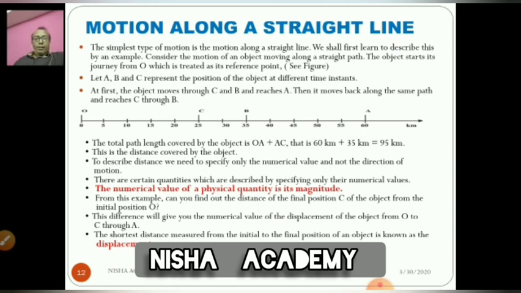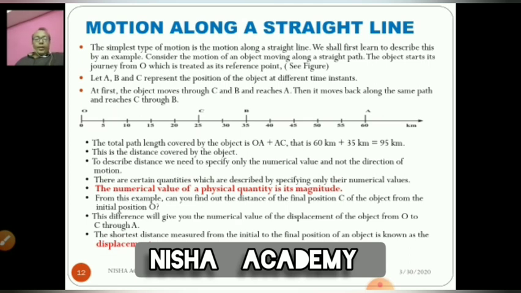From this example, you can find the distance of the final position C of the object from its initial position, which is a simple difference. This difference will give you the numerical value of the displacement of the object from O to C through A.